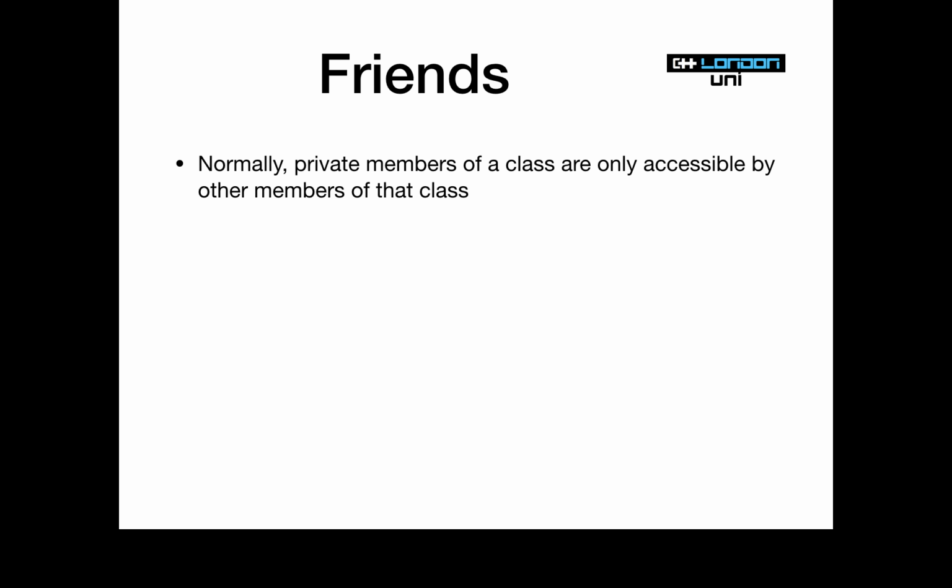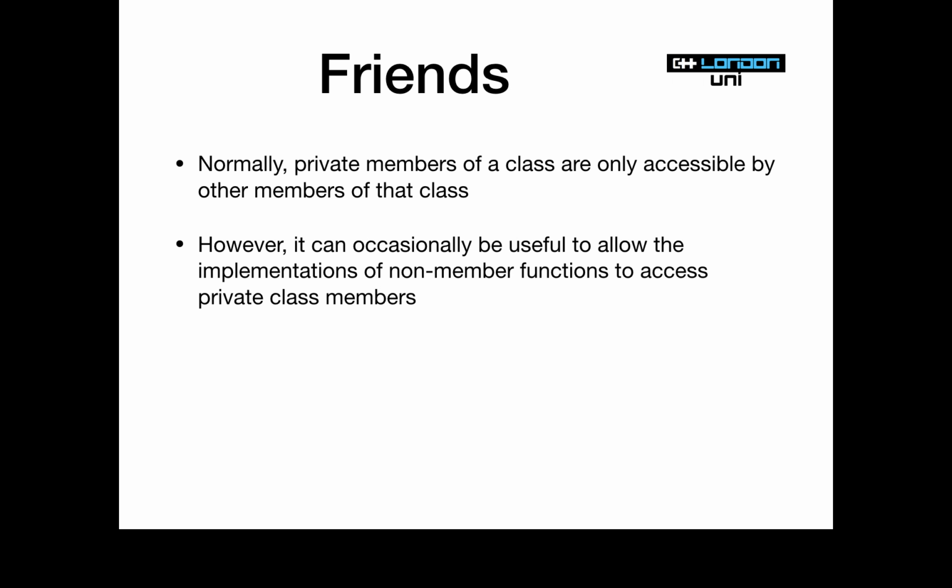So normally, as we've seen, private members of our class are only accessible by other members of the class. That's what private means. That's why we want private variables. But occasionally, very occasionally, it can be useful to allow another function, a free function, that is a non-member function, to have access to a private variable.